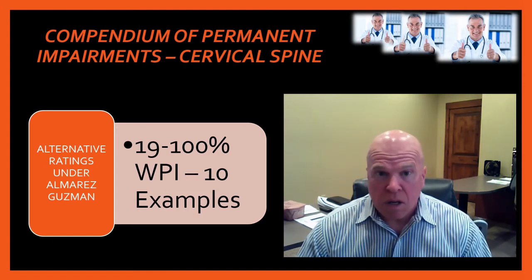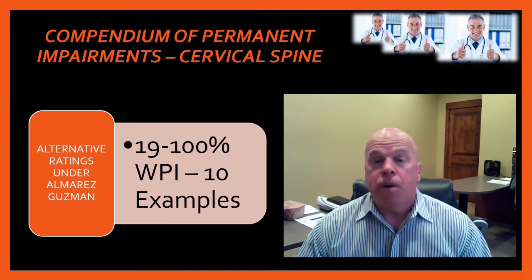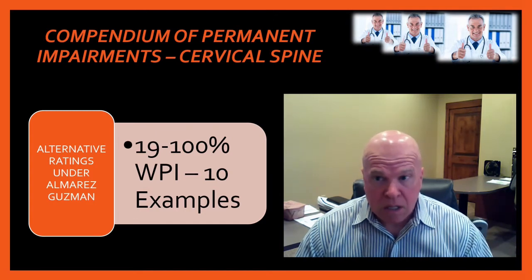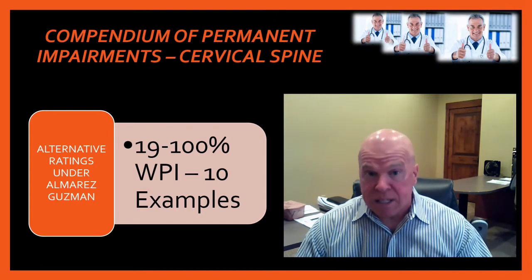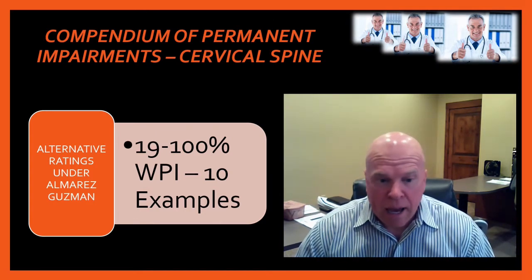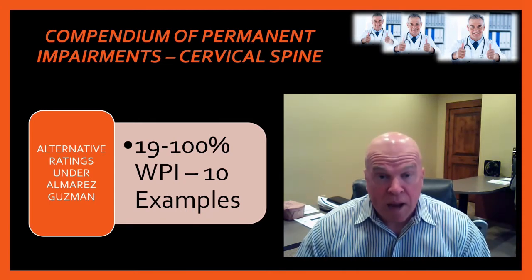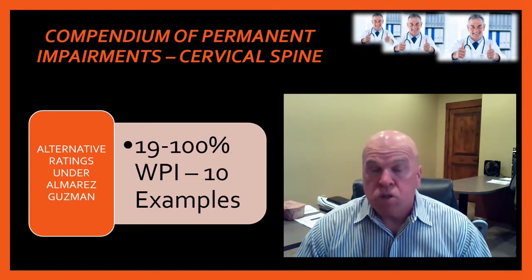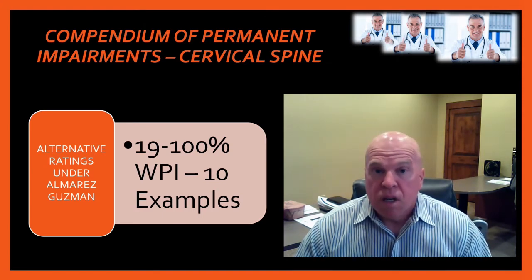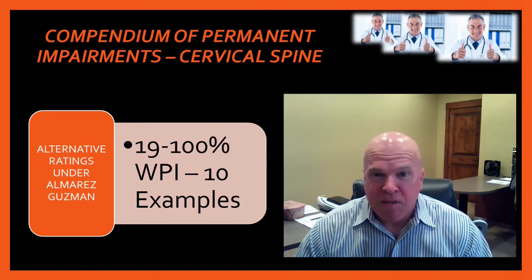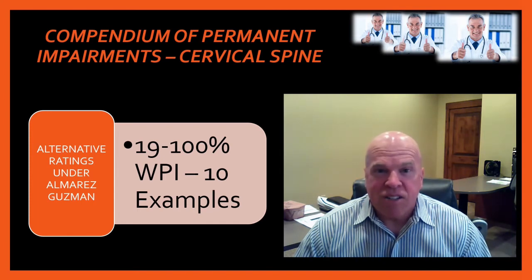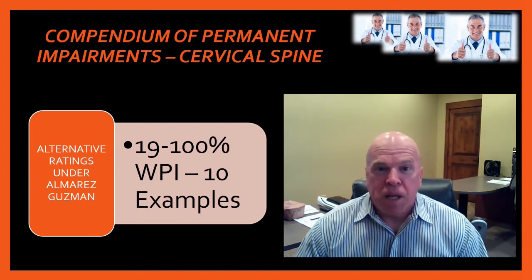These are not made up or hallucinated examinees. These are from actual live examinees, and these are the actual arguments contained within these examinees' final QME reports. So they're all assembled in one place, and the wheel has already been invented. You don't have to agonize any longer over your permanent impairment arguments.